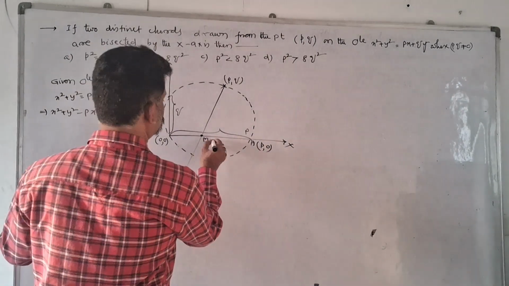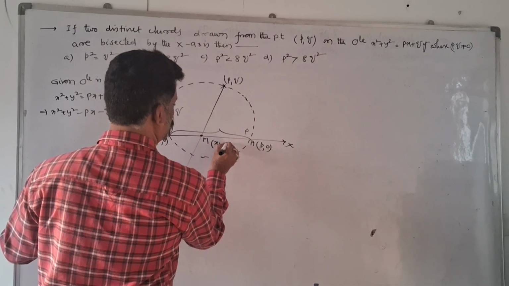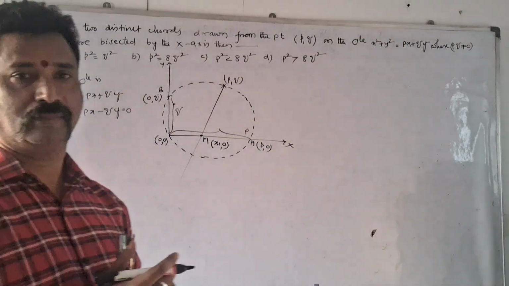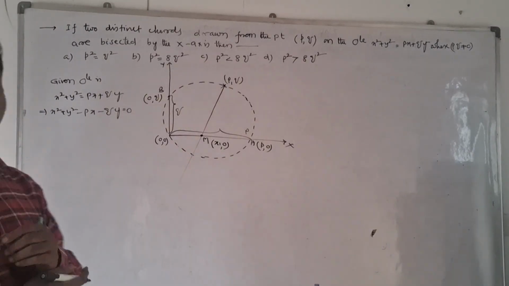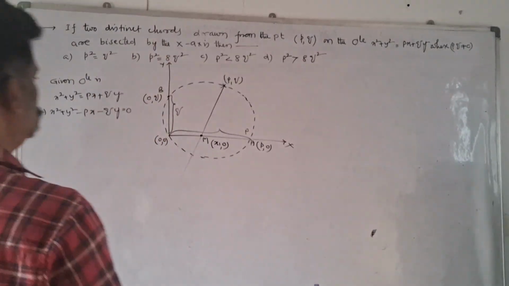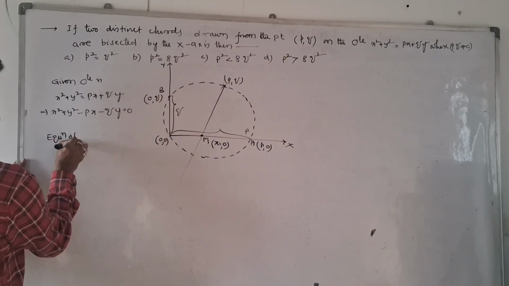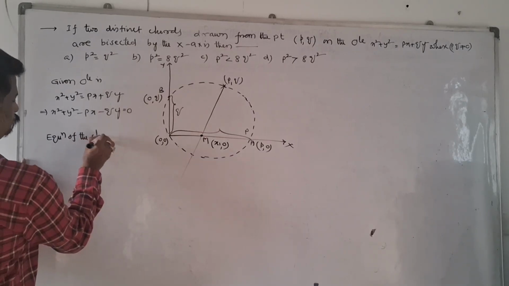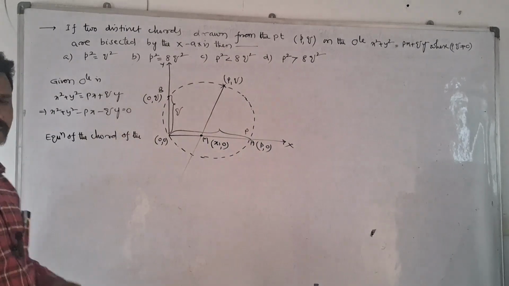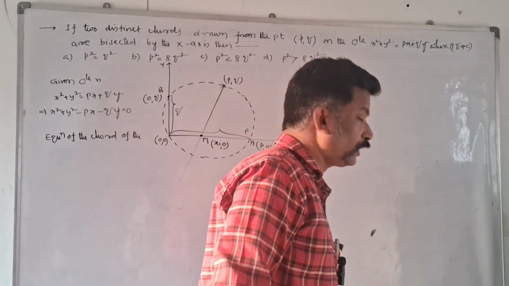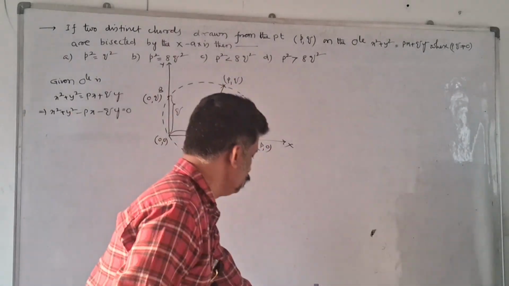I suppose this one is, say, (x1, 0). Now listen, beta. The equation of the chord, if capital M (x1, y1) is the midpoint of the chord, like this.